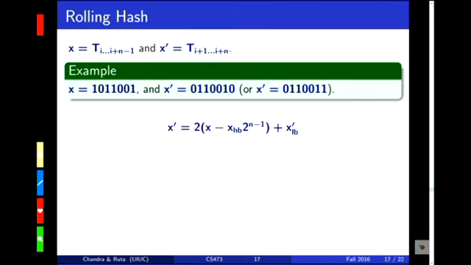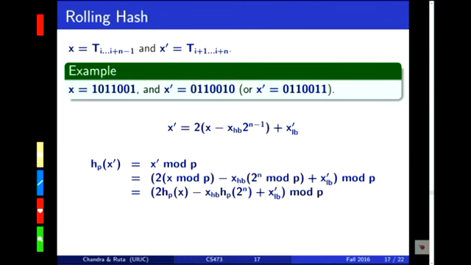When I apply a mod p here, it pushes inside and you get 2 times x mod p minus the highest order bit of x times 2 to the n, because I multiplied 2 inside, 2 to the n mod p, plus x prime LB, the lowest bit, which is 0 or 1.